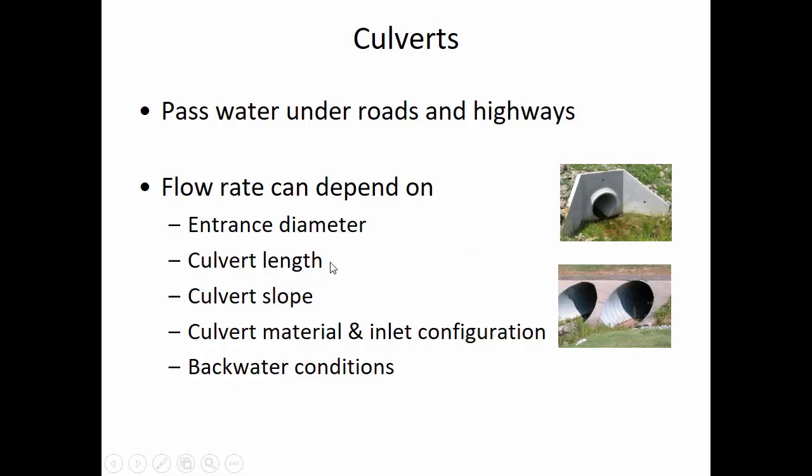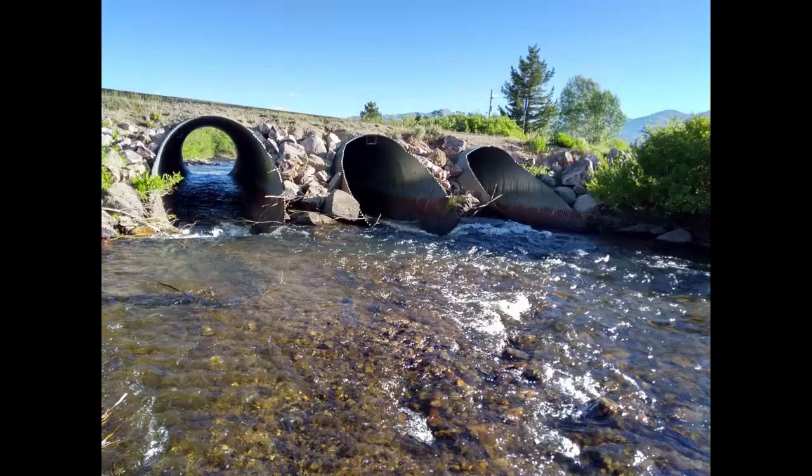We need to account for how long the pipe is because there are friction loss effects. We need to have a characterization of the culvert slope because, of course, how steep the pipe is affects its capacity, as does the material properties. And backwater is about when the water is going through the culvert, is it causing pooling upstream of that entrance? Is the water rising as it's trying to force its way into the pipe? And even downstream can have an effect on the flow conditions as well.